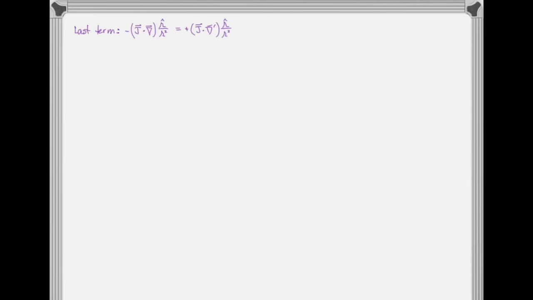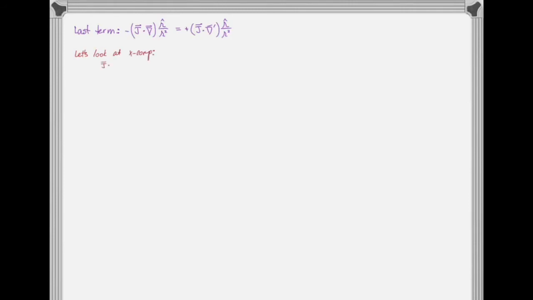So I can rewrite that last term, minus J dot del times script r hat over script r squared, as now equal to plus J dot del prime, which means derivatives with respect to the primes instead of the unprimes, of r hat over r squared, the usual r hat over r squared. Let's again just consider one component at a time, because that whole thing is a big vector mess.